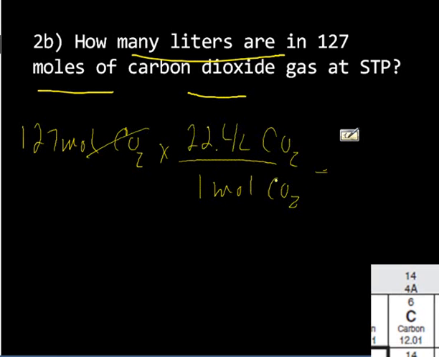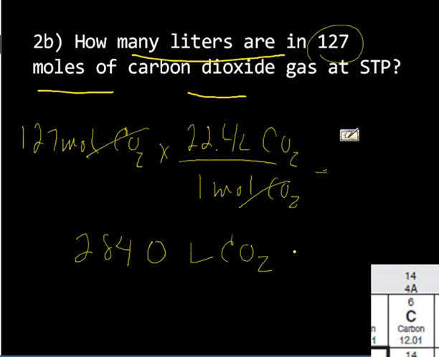I cancel out my moles of CO2, and I'm left with 127 times 22.4. I want 3 sig figs, because that's what I have in my given, so I'm going to end up with 2840 liters of carbon dioxide.